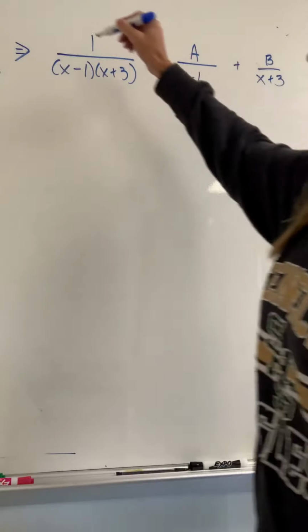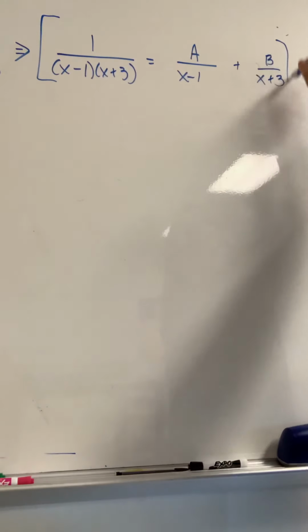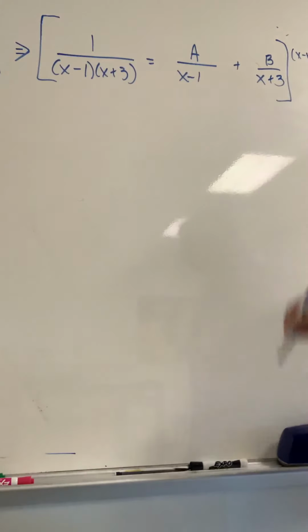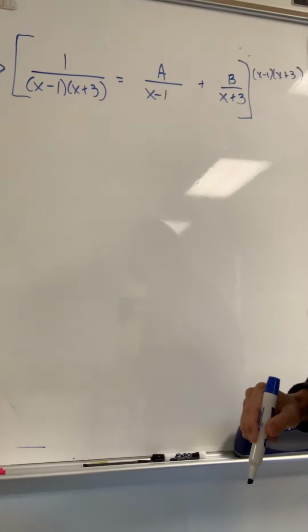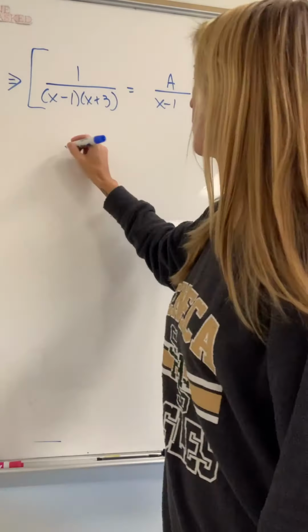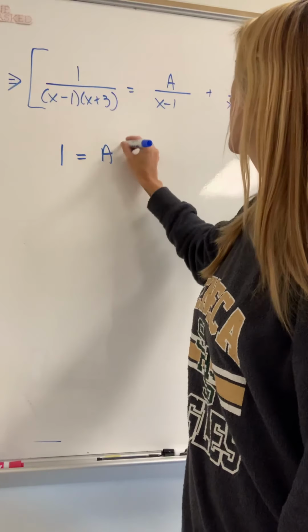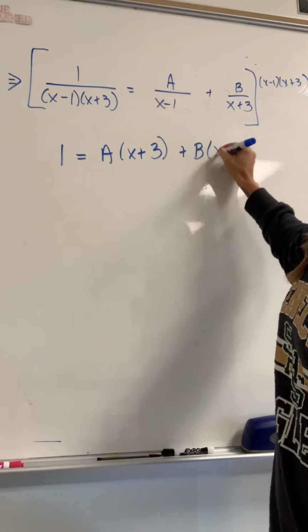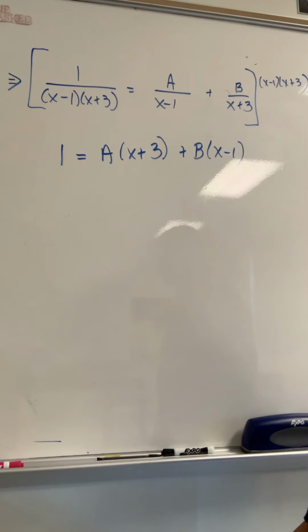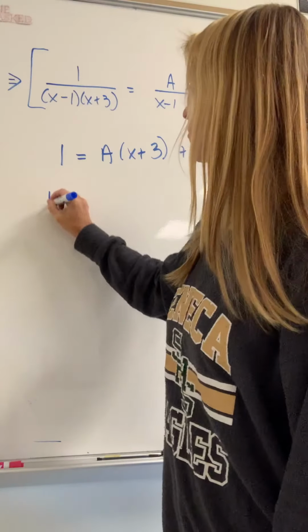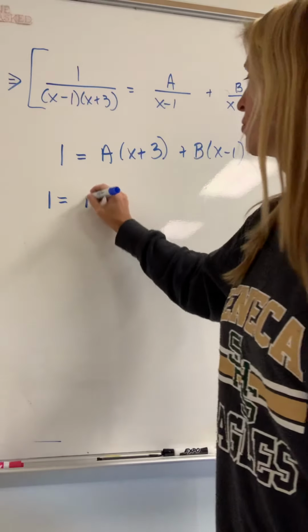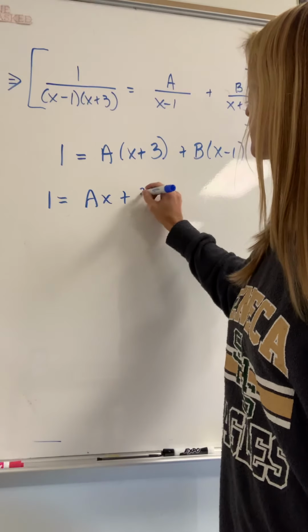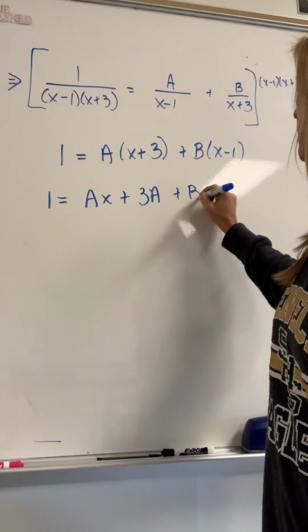So I'm going to multiply both sides by x minus 1, x plus 3. Over here, I'm going to get 1 equals A times the remaining factor plus B times the remaining factor. I'm going to distribute and group up my x terms and my non-x terms.